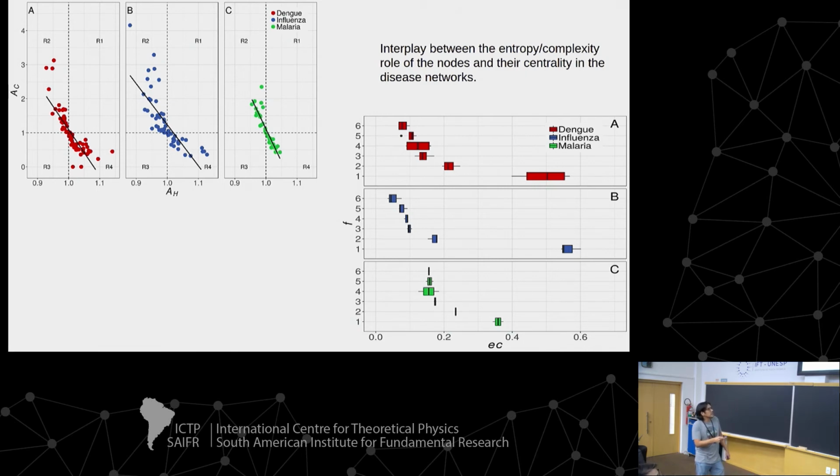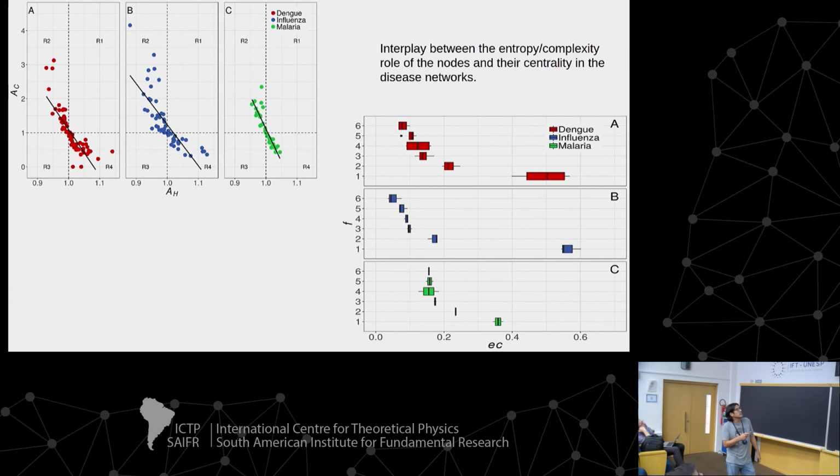So in this particular plot, we are showing the interplay between the entropy and complexity role of the nodes and their centrality in their disease. What do we see here? We group nodes with fluctuation 1, and we calculate the average eigenvector centrality, or their centrality, of those nodes in the network.